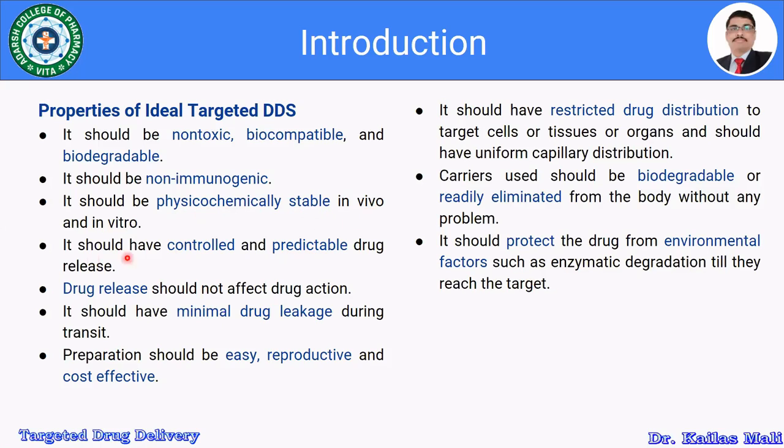It should have controlled and predictable drug release. So whatever the drug release from the targeted drug delivery system, it should be controlled and predictable. Drug release should not affect the drug action, its pharmacological action.